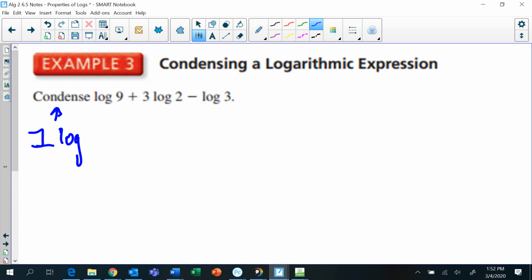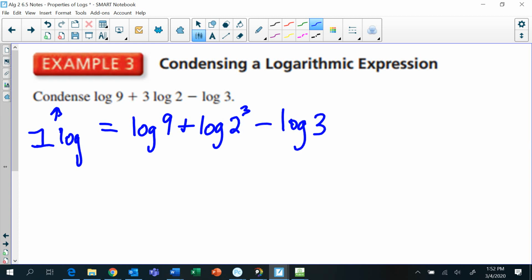The first thing I'm going to look for is any numbers in front that I can move to the exponent. So my first step is log 9 plus log 2 to the 3rd minus log 3. I just moved the exponent back up because we're condensing, going the opposite direction.